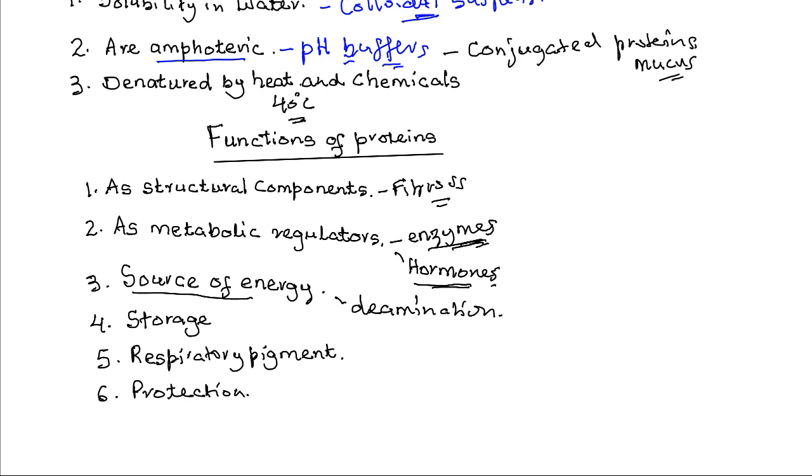They are broken down to provide energy, but this only happens when all the other sources of energy, that is carbohydrates and lipids, have been depleted. So now the body turns to structural proteins to obtain energy in order to keep vital processes such as pumping of the blood, thermoregulation going on. So under extreme conditions, proteins may be used as a source of energy.